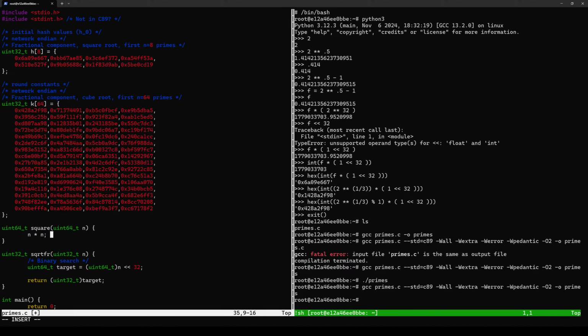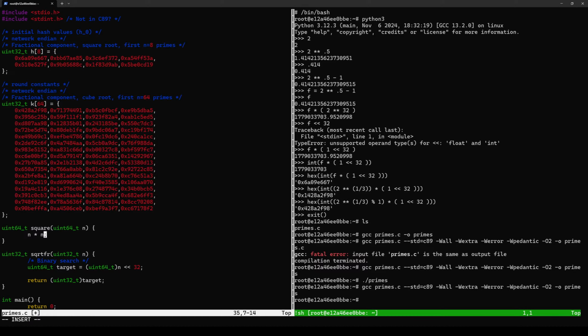And so when I multiply two fractions together, if I multiply halves together, I get a number of fourths. If I multiply 2 to the 32nds together, I get 2 to the 64ths. So what I have to do is I have to then shift this thing back over by 64. The entire distance, or the entire size of the value, right? But I'm only going for a 32-bit value, so I don't have to worry about that too much.